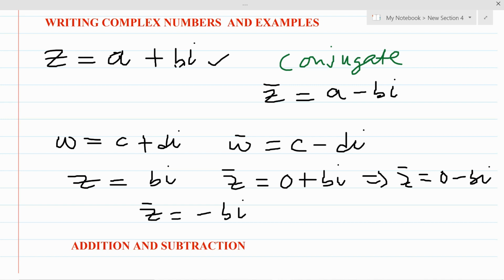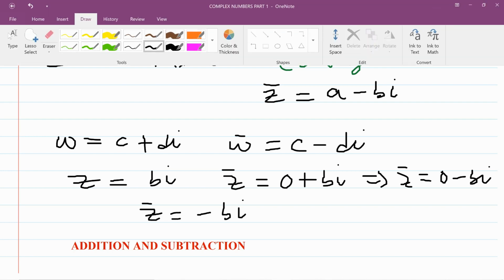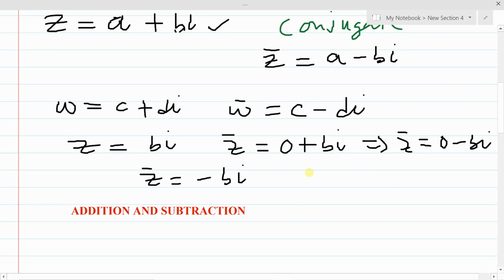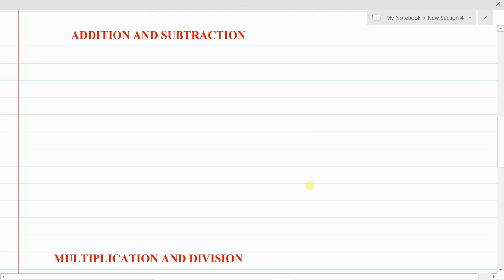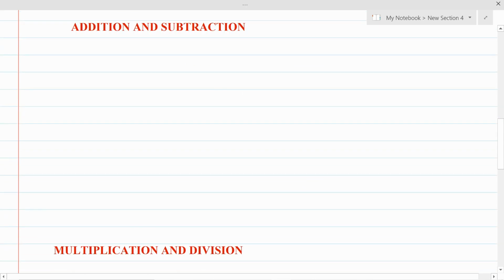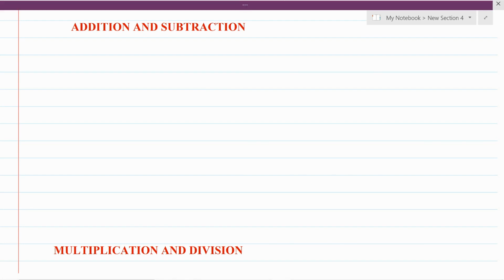All right, so let's move on and look at some algebraic computation of complex numbers: addition and subtraction. How do you add and subtract complex numbers?